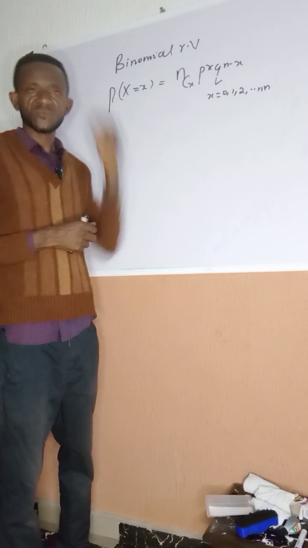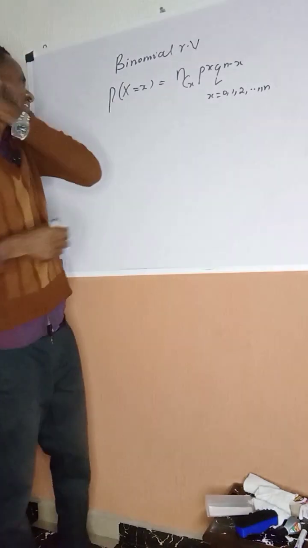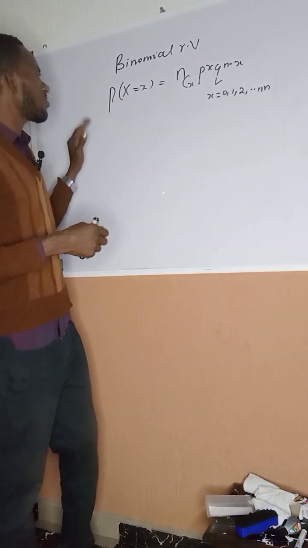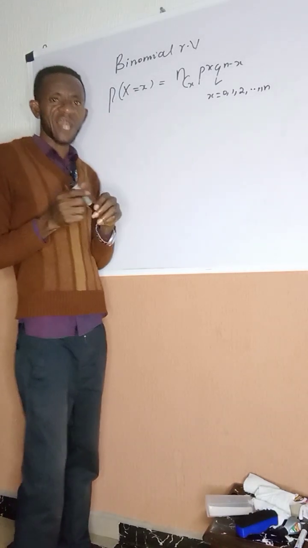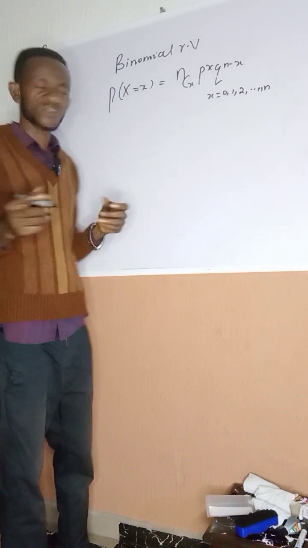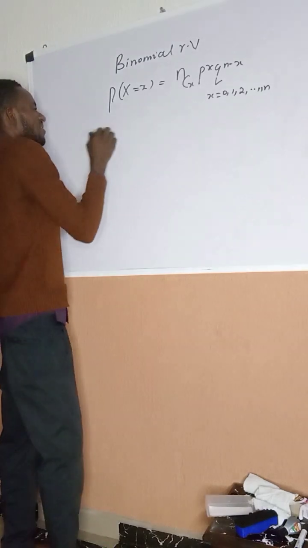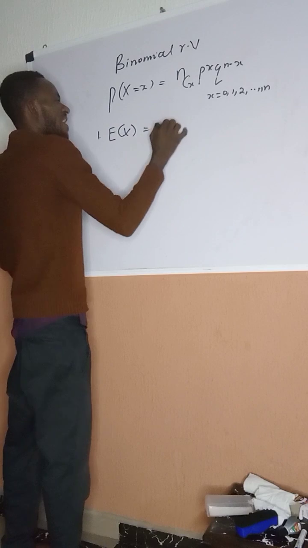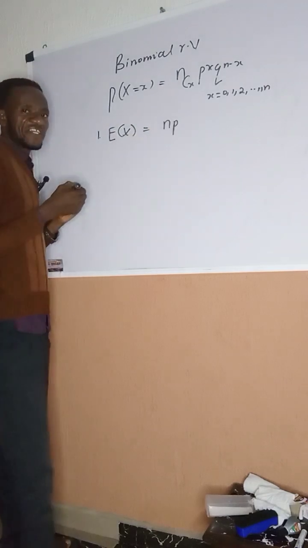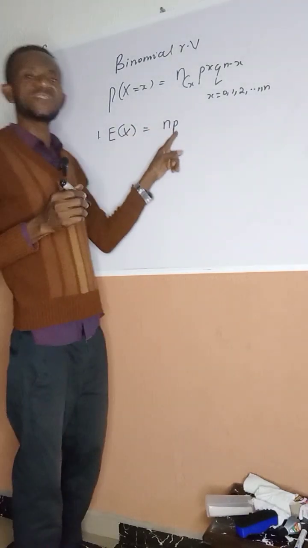Okay? So the question there is, what becomes the expected value and the variance of a binomial random variable? Number 1, E of X becomes np. In the Bernoulli, it was just p.